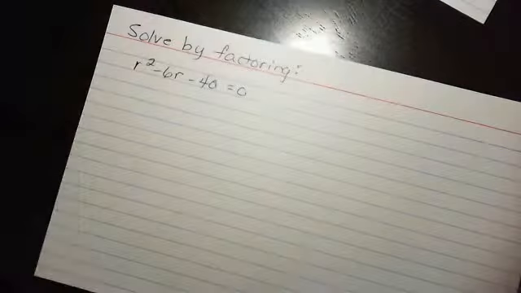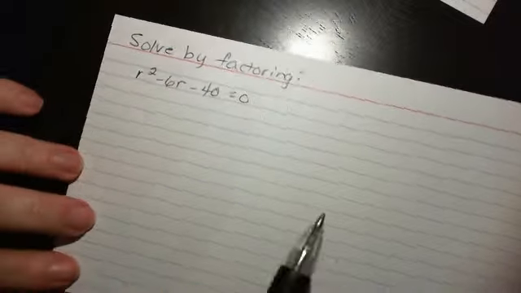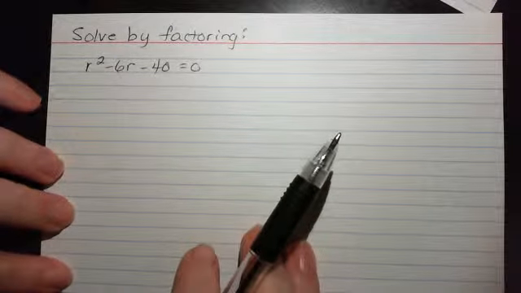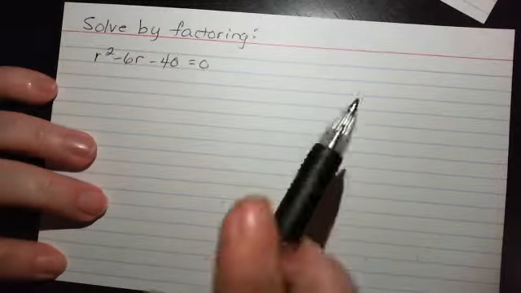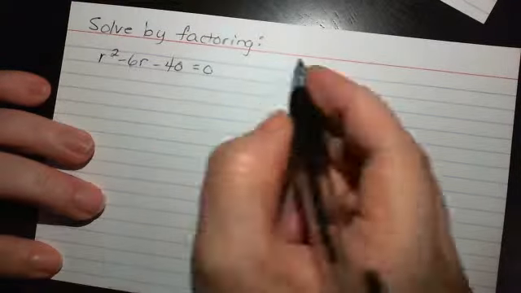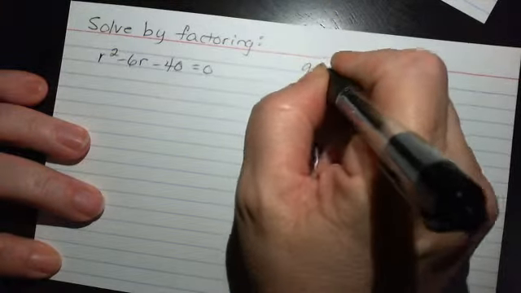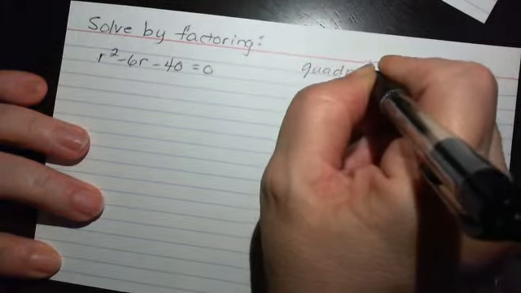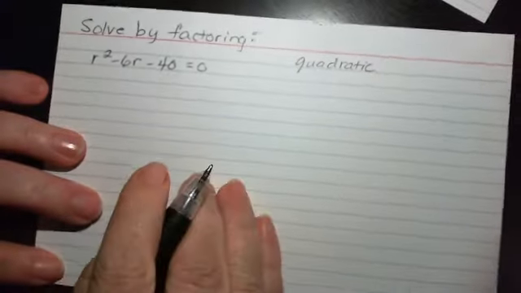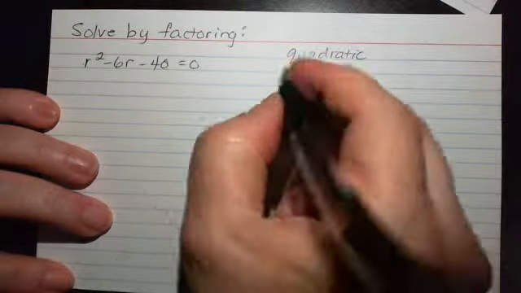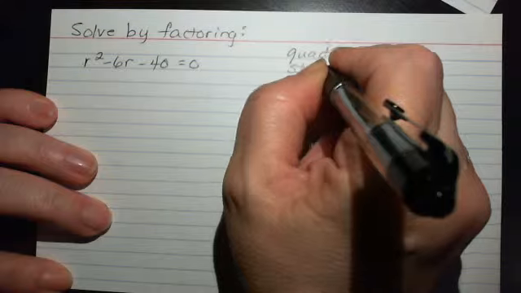Okay, let's look at this equation. The instructions say solve by factoring. So the first thing we notice about this is this squared term here, so that says our equation is quadratic. So when we have a quadratic equation, we want to make sure it's in standard form.